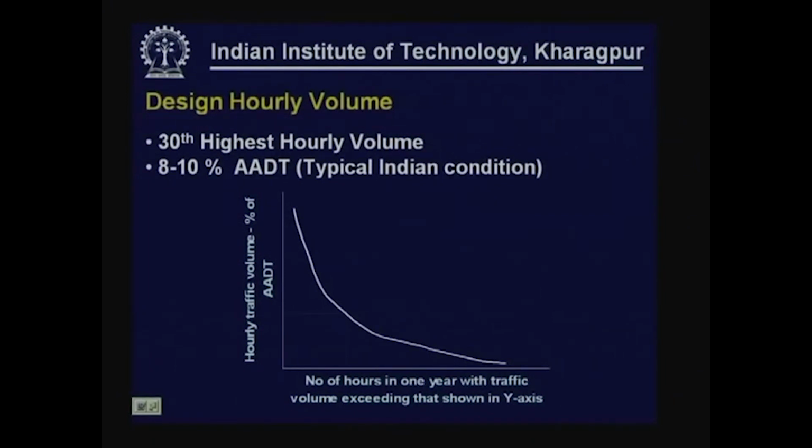Here the x axis shows the number of hours in 1 year with traffic volume exceeding that shown on the y axis. Y shows hourly traffic volume as a percentage of AADT. Let us say we assume a certain percentage of AADT.